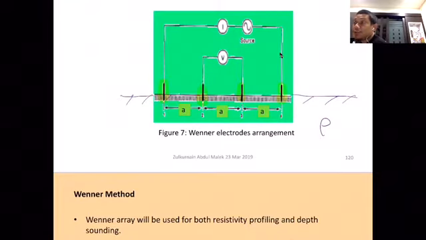Now we have just an open field, and we just want to measure the soil resistivity. So we just put one current probe at one point, and the other current probe far away, and then in the middle between these 2 current probes, we put the voltage probes, injecting current into A.